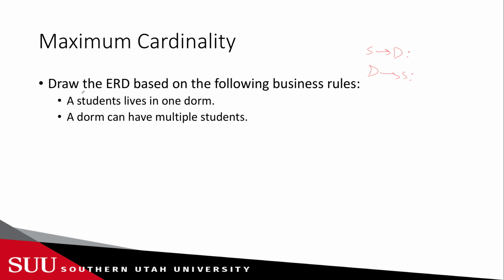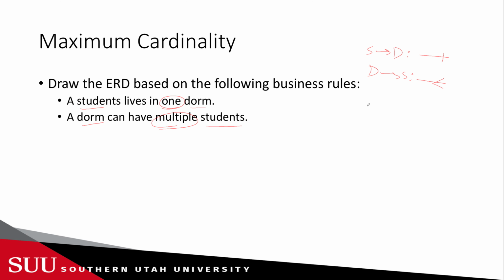So if I'm going from student side to dorm side, it says a student lives in one dorm. So if I'm going from student to dorm, this is what I will have. And if I'm going from dorm side to student side, it says multiple, so the relationship is many, so this is what I will have.